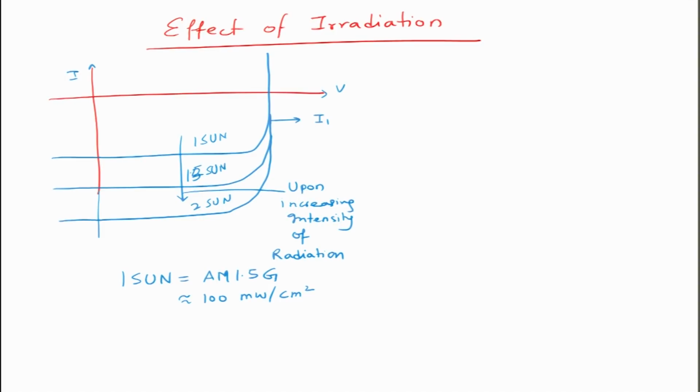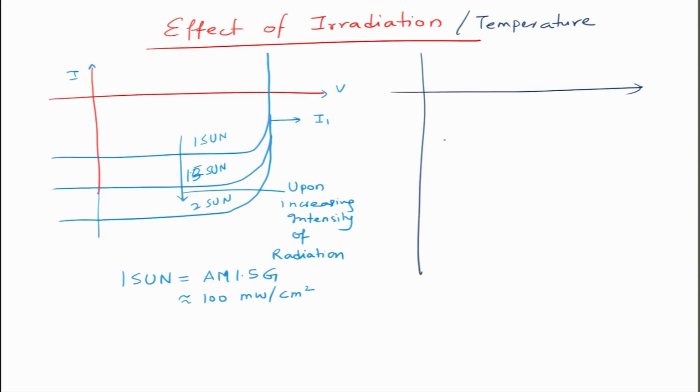VOC will not change much because, well, there will be some change since VOC is a function of current, but there is not a huge change that is seen in VOC. Similarly, as you change the temperature, and this is increasing intensity.